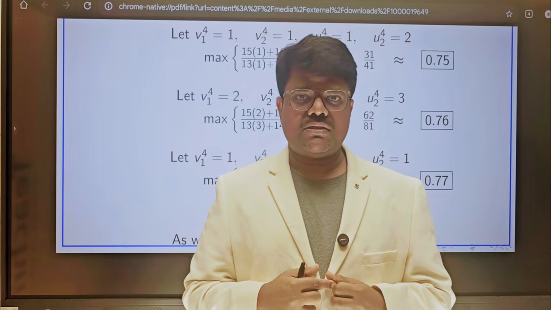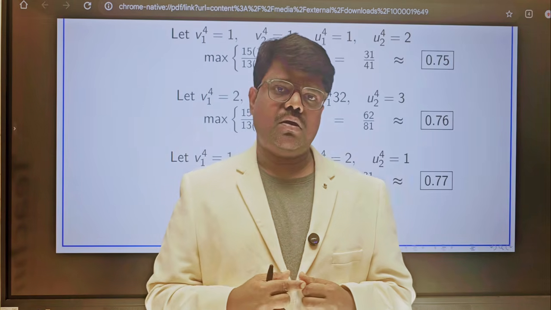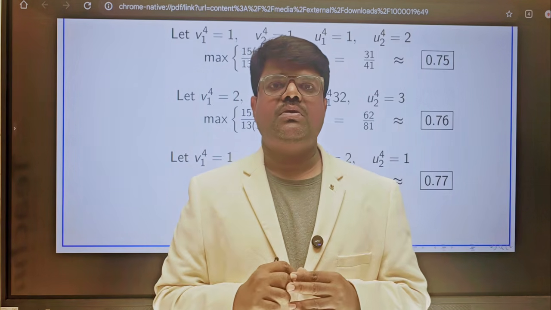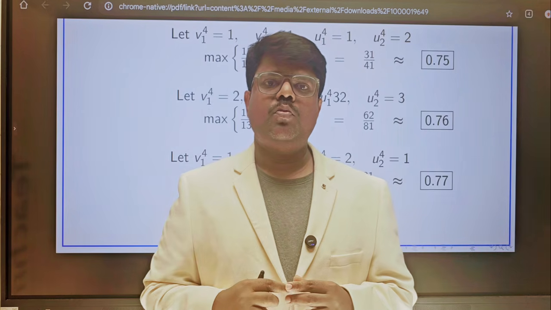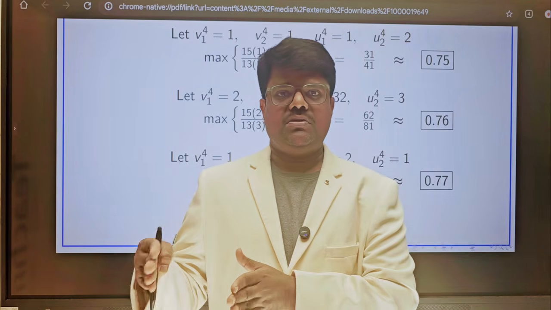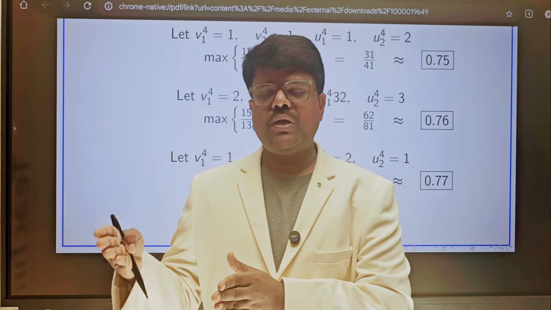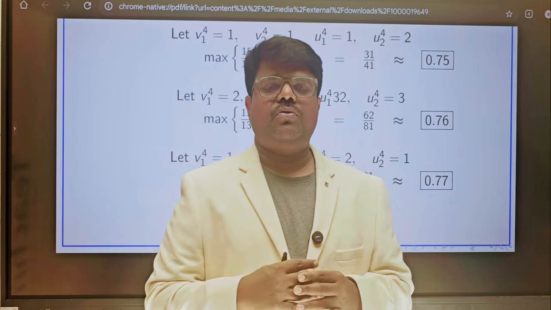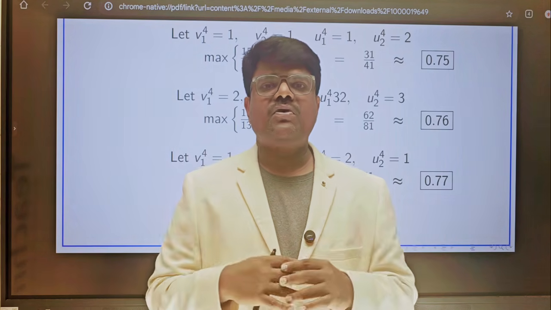So in my next class, I will explain the CCR model. In this class, I have taken 4 DMUs, 2 inputs and 2 outputs. I maximized the ratio of DMU1 individually, similarly DMU2, DMU3, DMU4. But what is the use of that?